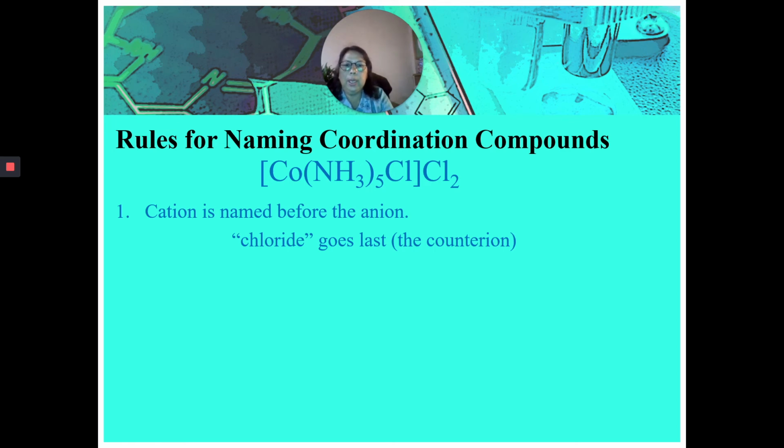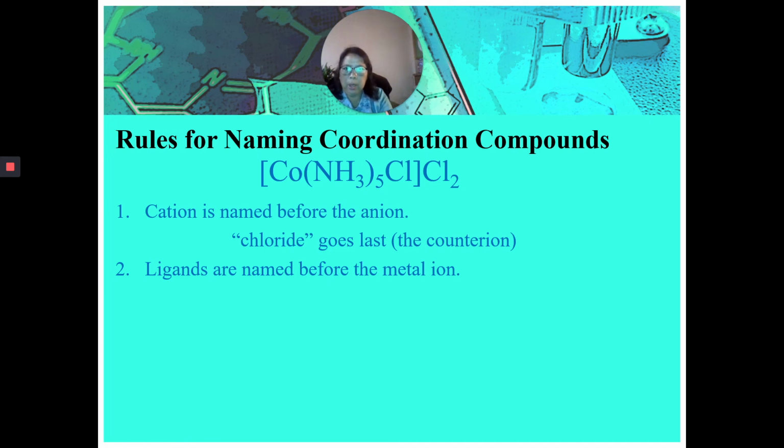So in this case, if this is the cation and this is the anion, chloride goes last. Okay. Number two, ligands are named before the metal ion.